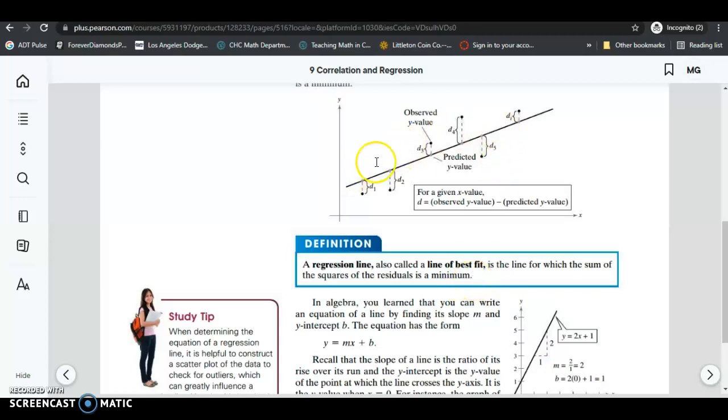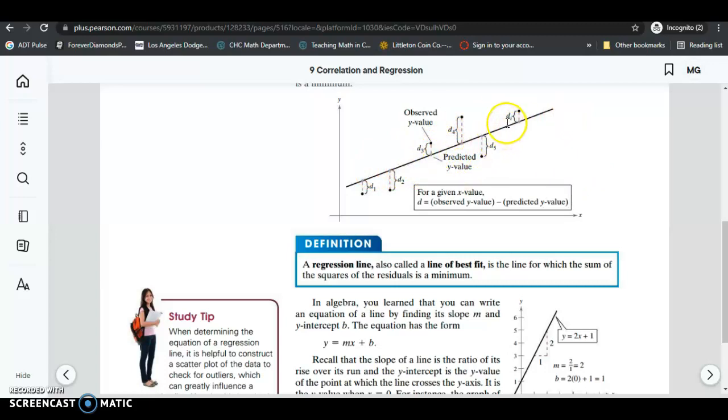But basically, the idea is that any regression line for paired data is going to minimize the distances between the points in the scatter plot and the actual equation. So the line of best fit will minimize these residuals.